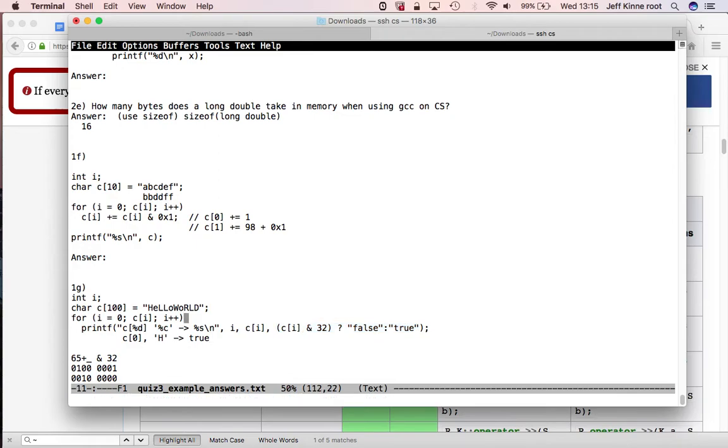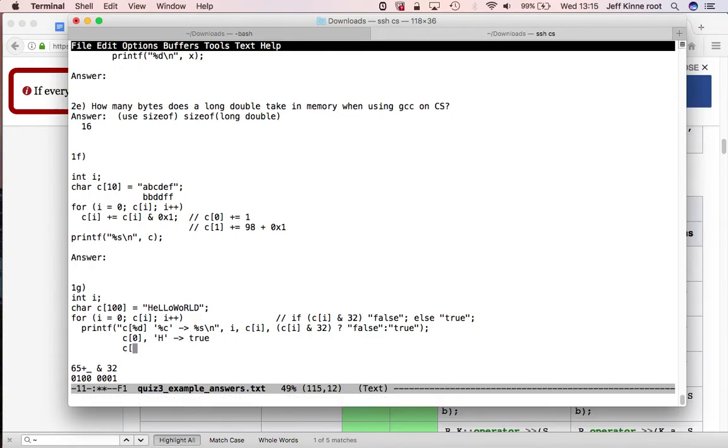So this is supposed to be a shortcut for: if C[i] & 32, then false, else true, something like that. Okay, so that would be C[0].